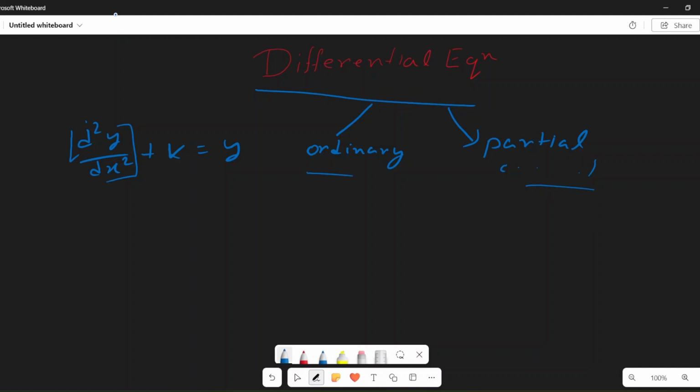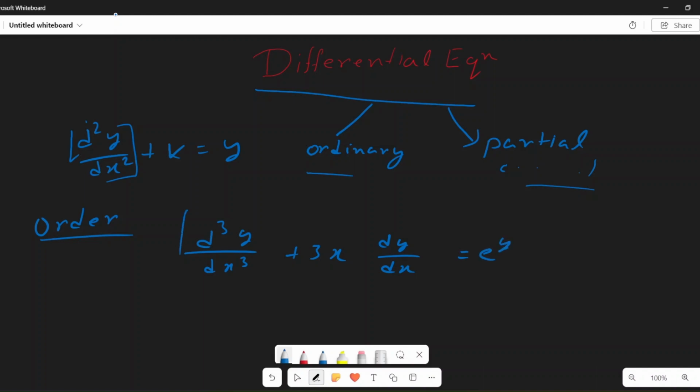Okay, now let's learn the degrees and the orders of a differential equation. What is the order of a differential equation? The highest derivative it contains is called the order of the equation. Suppose we have an example d3y/dx3 plus 3x dy/dx is equal to e to the power y.